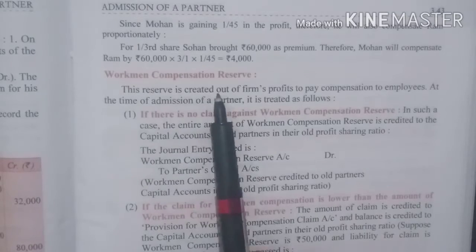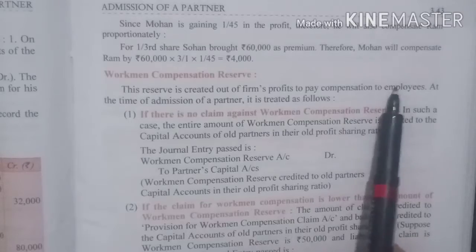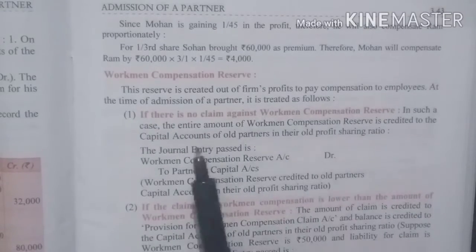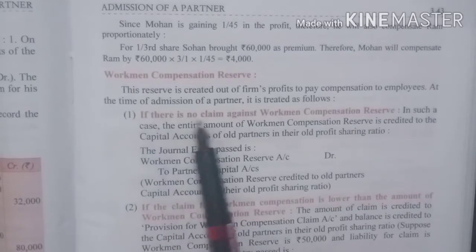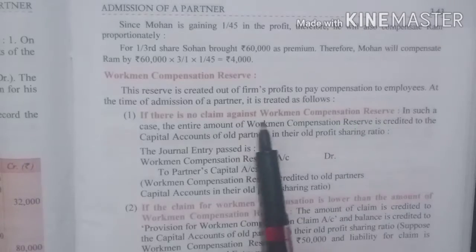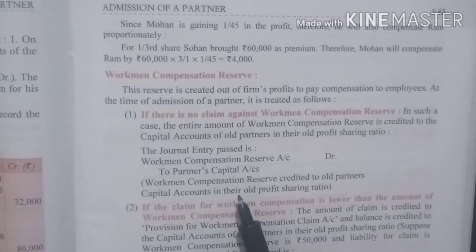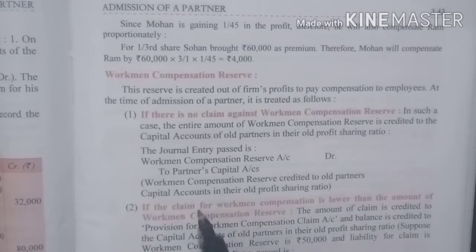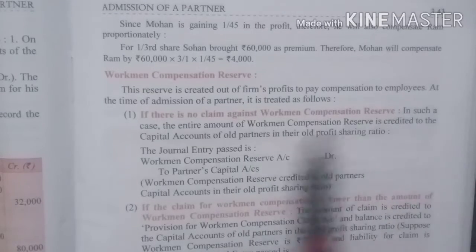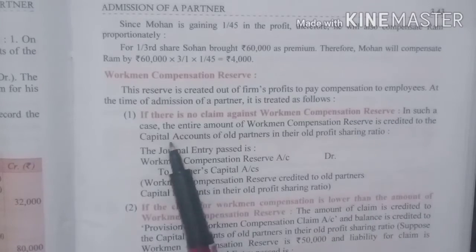Now this reserve is created out of the firm's profit to pay compensation to employees, and at the time of admission of a partner it is treated as follows. If there is a claim against the workmen's compensation reserve, sometimes you have created a compensation reserve and a claim also comes for any of the workers, then the entire amount of the reserve is credited to the capital account.